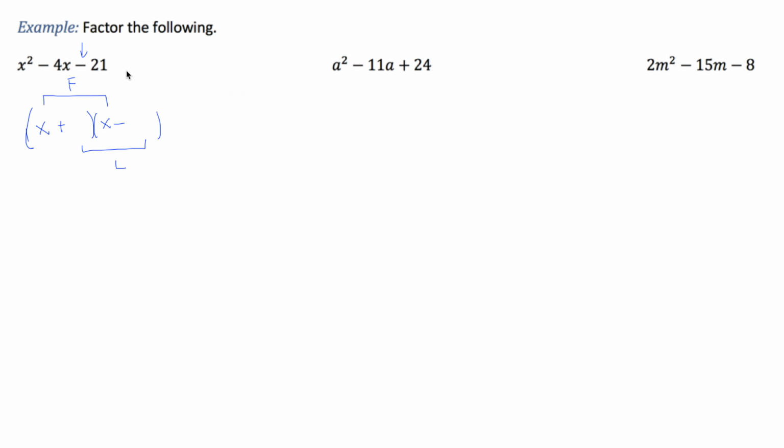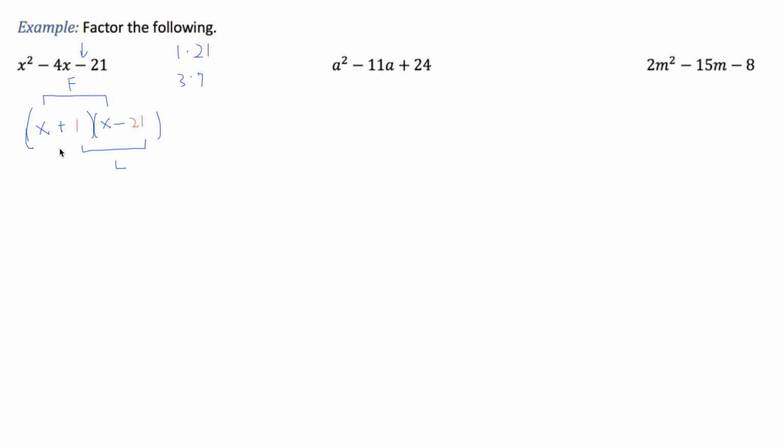Now to get -21 specifically, we could do 1 times 21 is 21, or 3 times 7 is 21. And so what we want to do is try these. I'm going to put our guesses here in red. We're not sure about this. So let's try 1 and 21. Well, that for sure will have x times x is x squared, and 1 times -21 is -21.